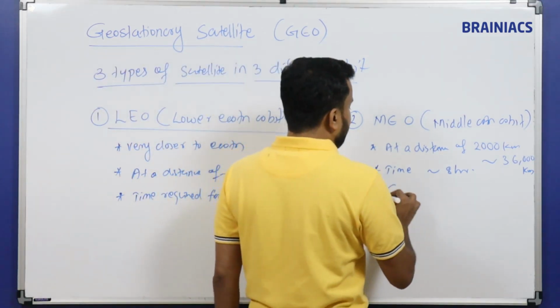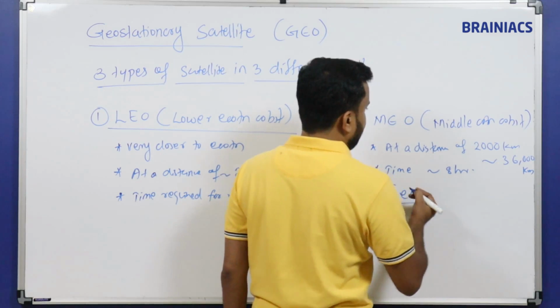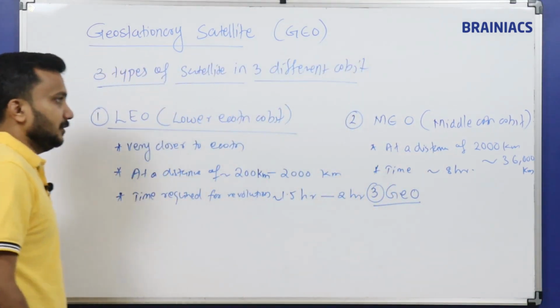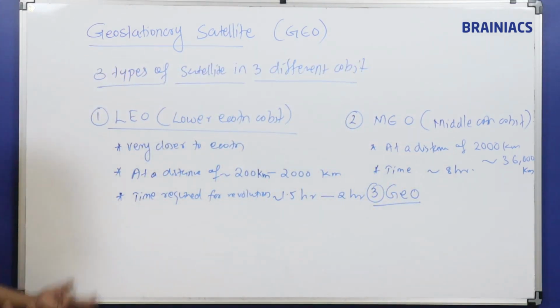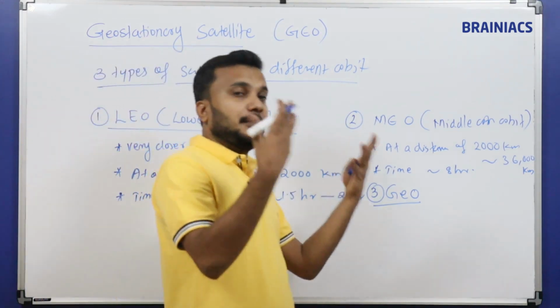The third one is our main important thing, geostationary satellites, GEO in short. It's not middle Earth, it's not lower Earth, it's the third one, above this one.